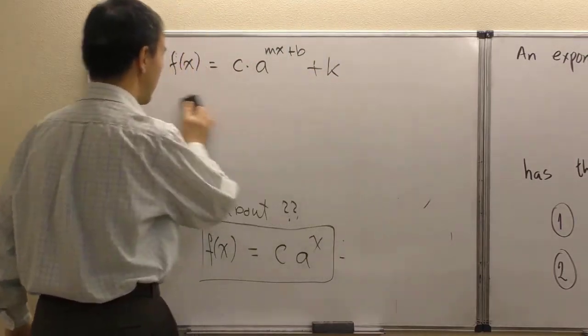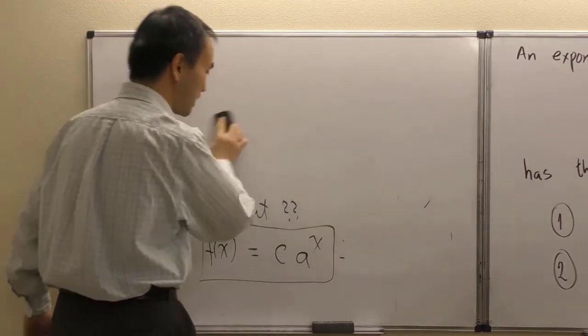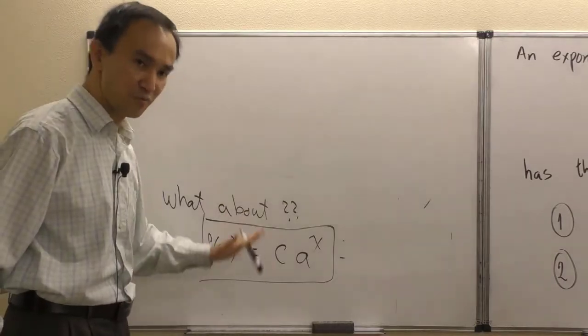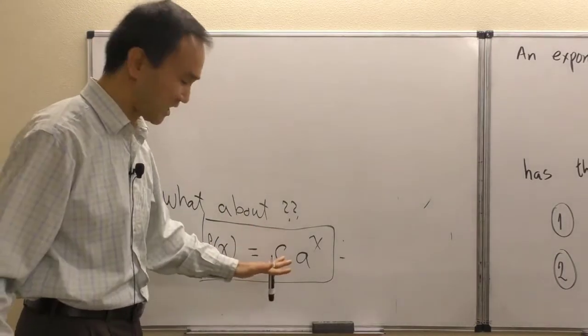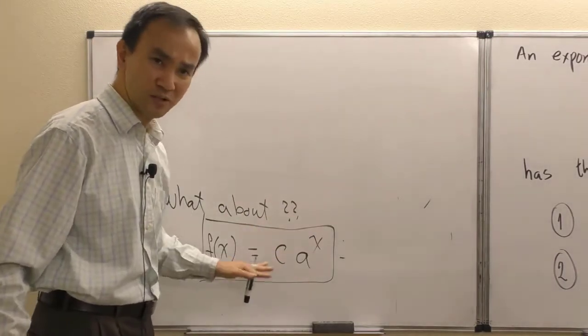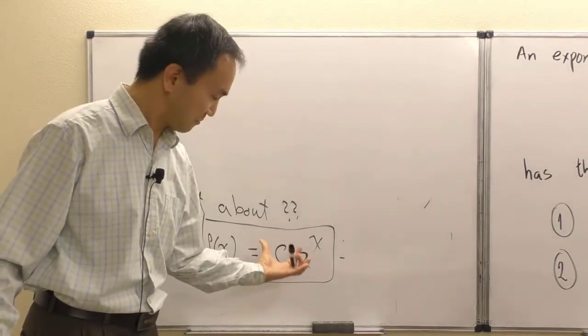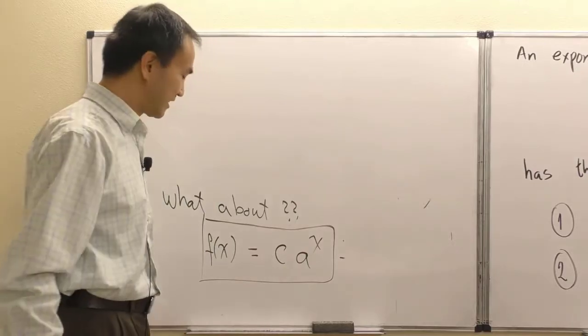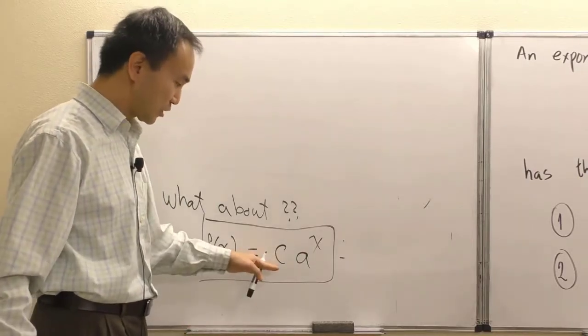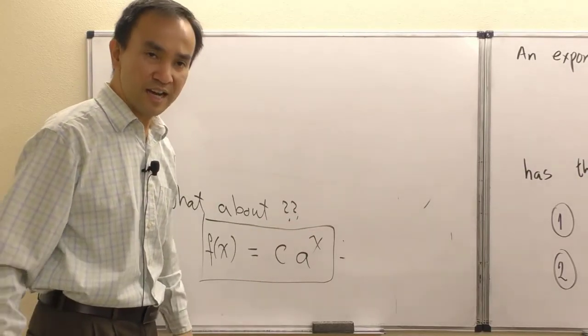So now, even though I wrote a generalization for c times a to the x plus k, there will be some point where I mostly focus on just this narrow family, because it has a huge amount of applications out there. Just a constant coefficient multiplied with an ordinary exponential.